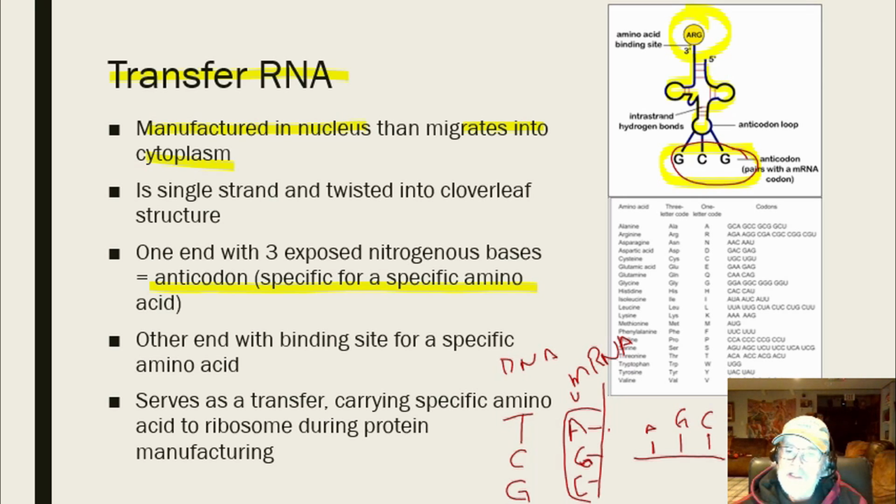So if that was the anticodon, what you'd see is the bottom of it here to match what would bond, what would attract an adenine? Uracil. What would attract a guanine? Cytosine. What would attract a cytosine? A guanine. So at the bottom of here, you'd have this anticodon with a uracil, cytosine, guanine. Okay, that would match that. And on the top of that would be the appropriate amino acid for this particular code.